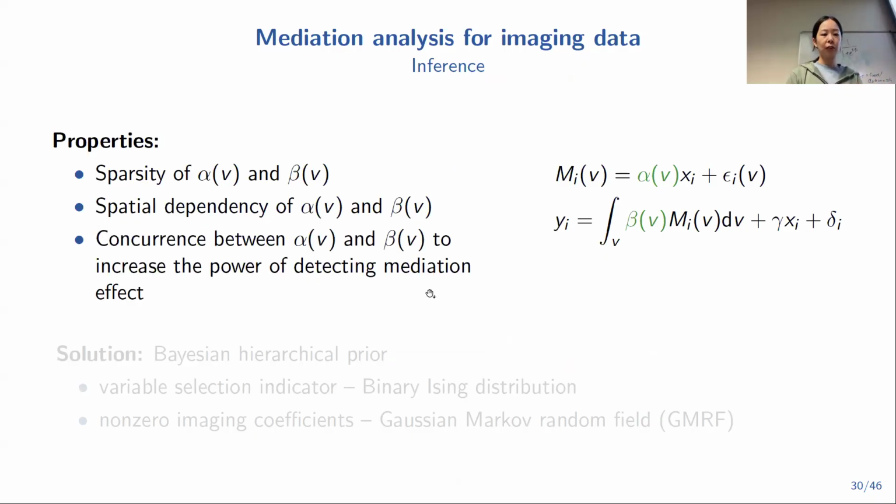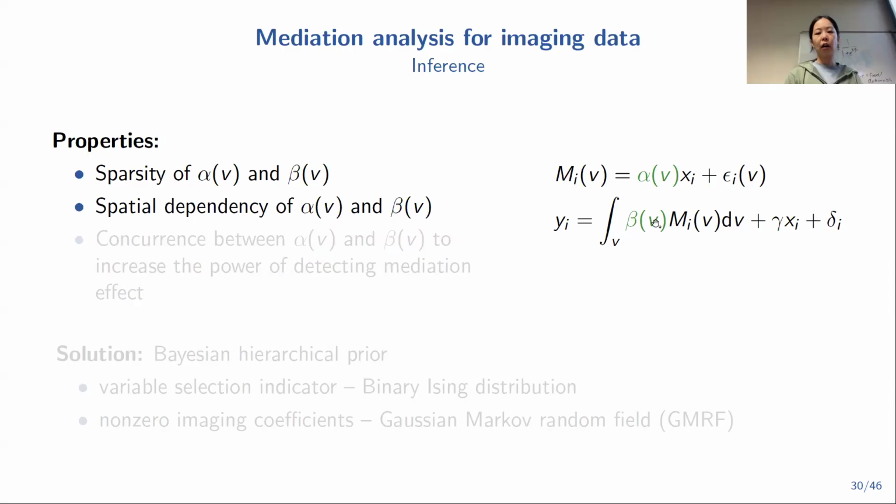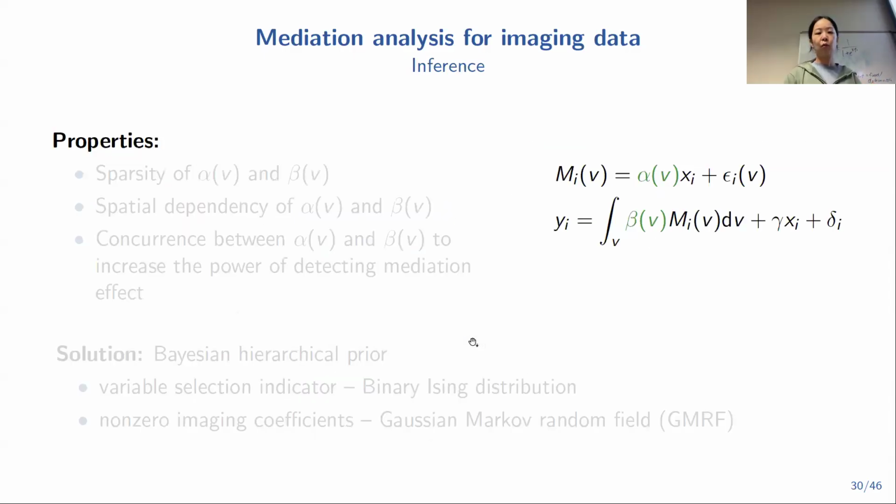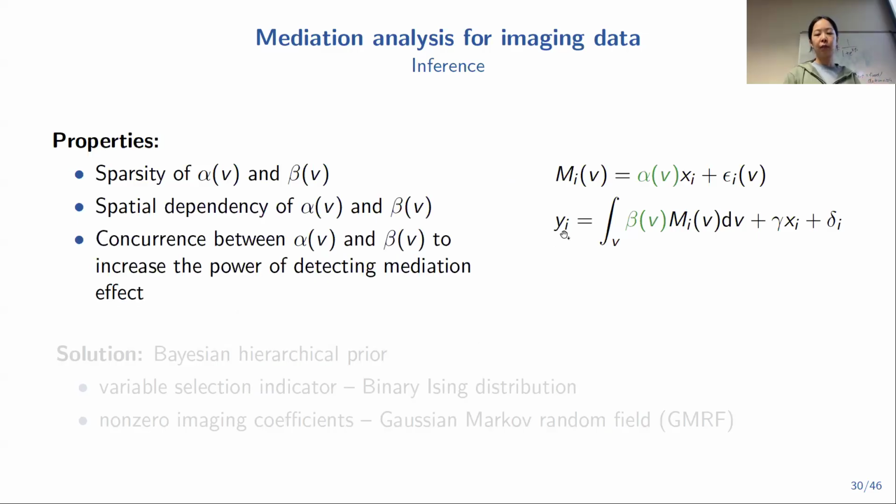Another additional thing we want to address is the concurrence between these two. Only if both of them are non-zero will we have our mediation effect. If one of them is zero, they will not enable this pathway. So we are particularly interested in the case where both alpha and beta are non-zero.